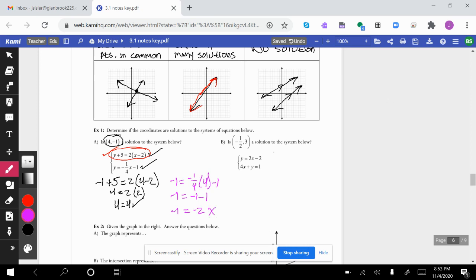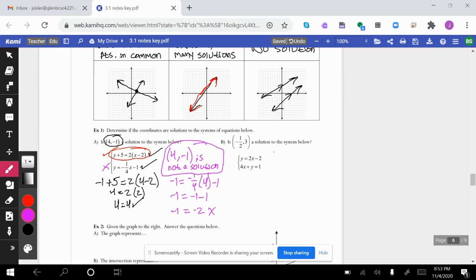That does not work. And therefore, because that point (4, -1) does not work for our second equation, we can say that (4, -1) is not a solution to the system.